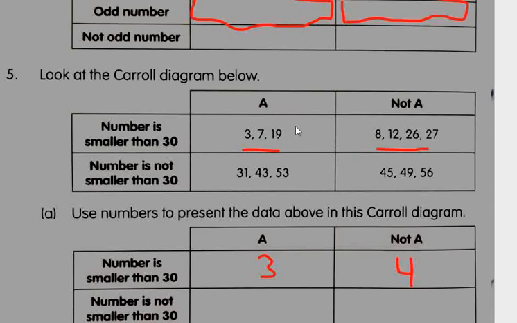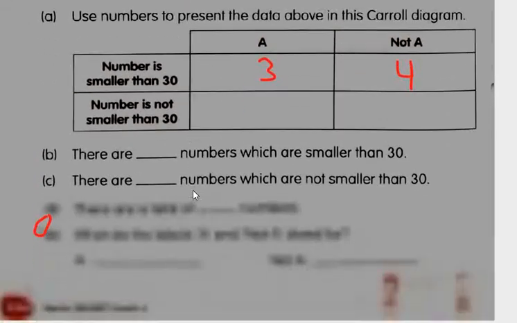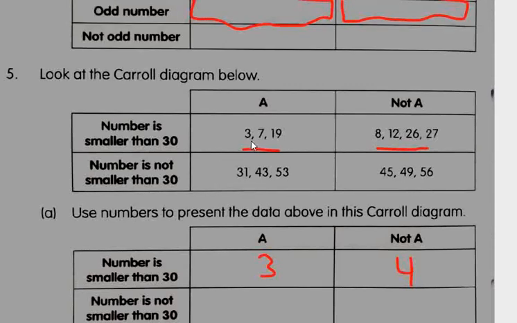Okay. Since it is marked with a star here, I will give a clue. Look at the numbers in column A. Can they be divided by other numbers except 1 or itself? Can it be divided by any number? No, only 1 or the number itself, right?